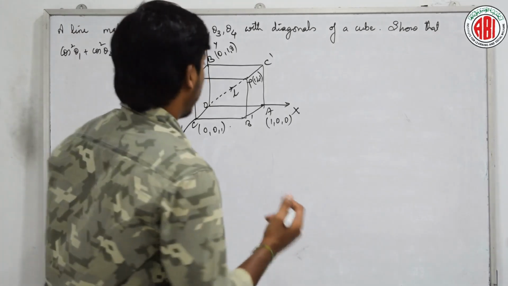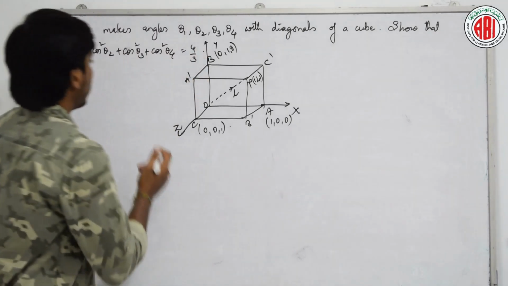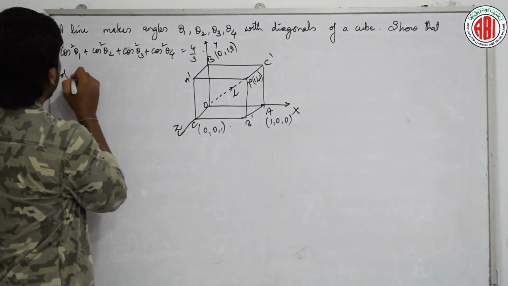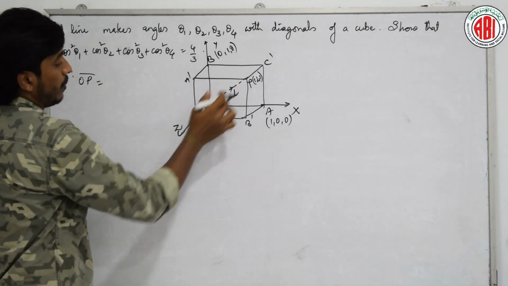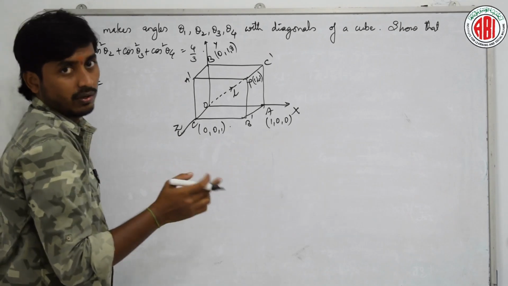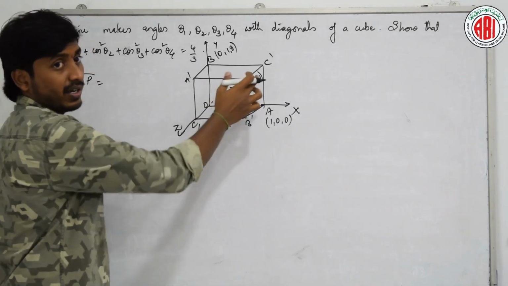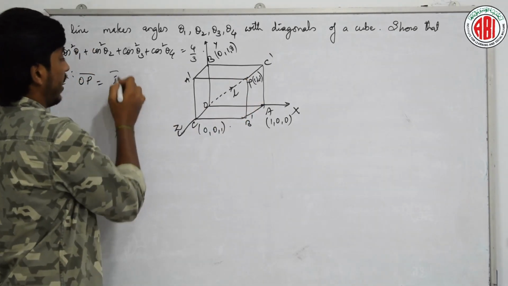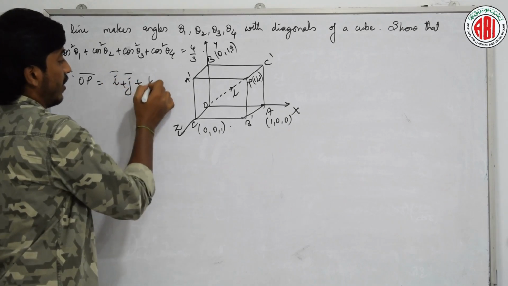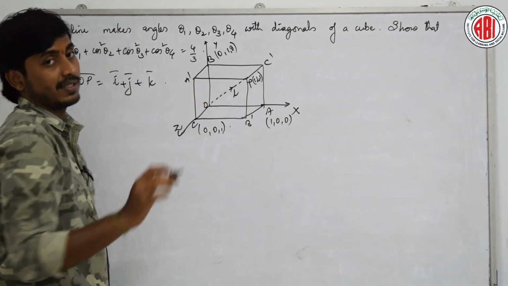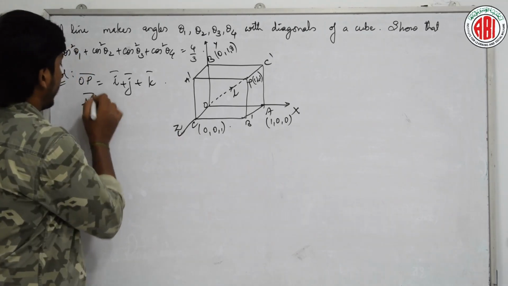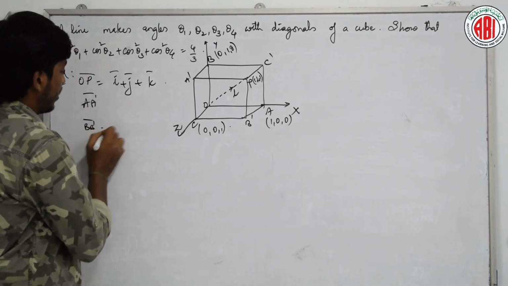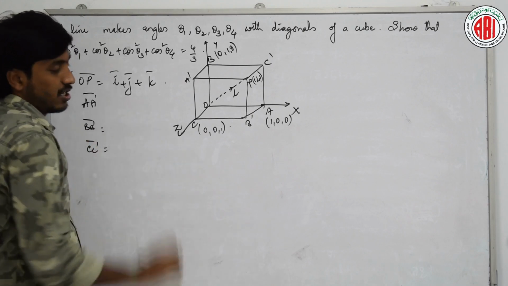Okay. See here. Let us first write OP, that is OP minus OA. That is nothing but 1 minus 0, 1 minus 0, 1 minus 0. If I write in this form, that will be I bar plus J bar plus K bar. When it comes to A dash, the next is B dash, the next is C dash.